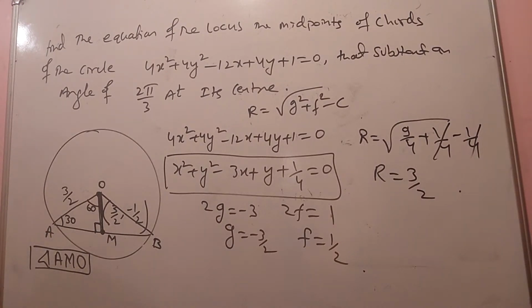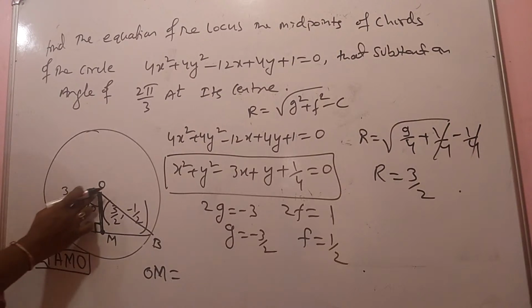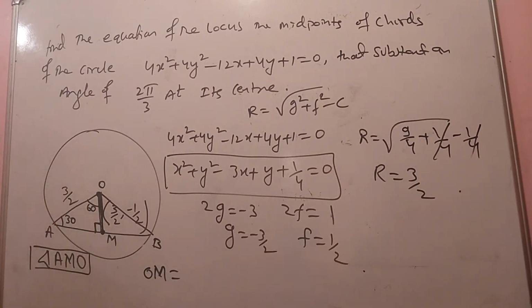So radius you got 3 by 2, correct? Now using the cos, you can just apply the cos, OM length you will get. Length of OM is equal to OB cos, what is the angle cos? I can write here cos 60 degrees.